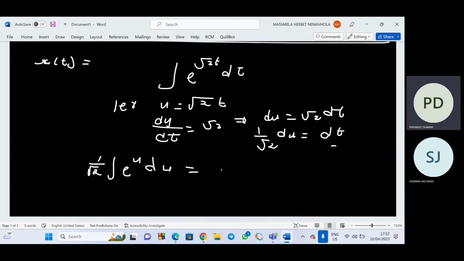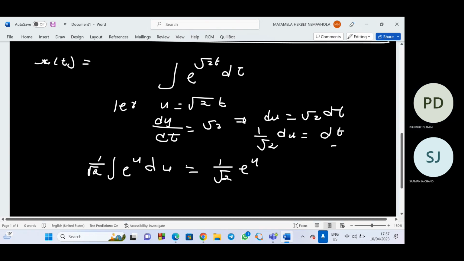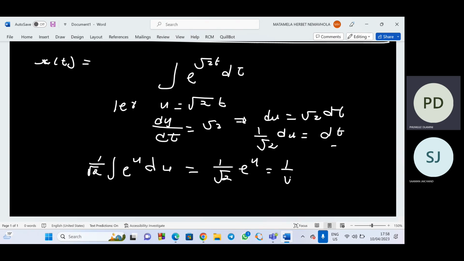Then when we integrate this, we're going to get 1 over square root of 2 e to the power u. So now if you substitute back your u as square root of 2t, it becomes 1 over square root of 2 e to the power square root of 2t.